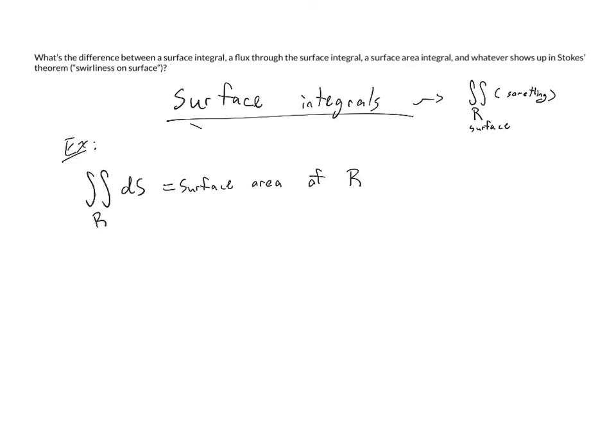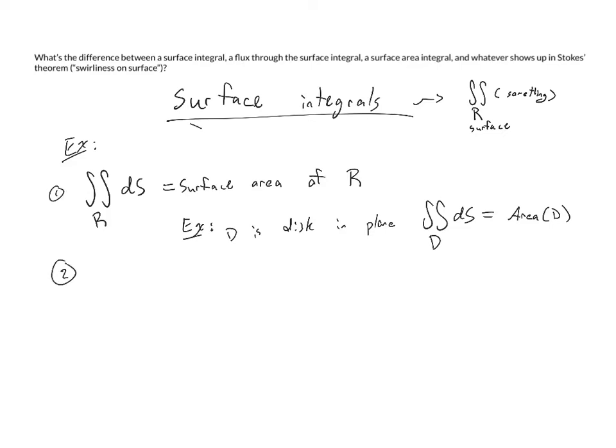For instance, if D is a disk in some plane, then when you compute the double integral over D of the surface area form, you always get the area of the disk D, because it's flat. And if R is some wiggly surface, some surface with curvature, you're getting surface area. So let's call that example 1.